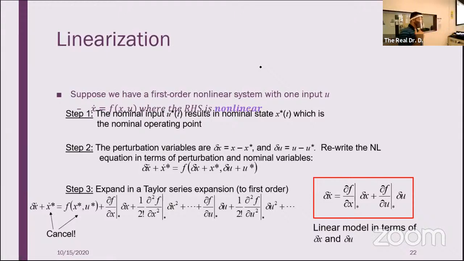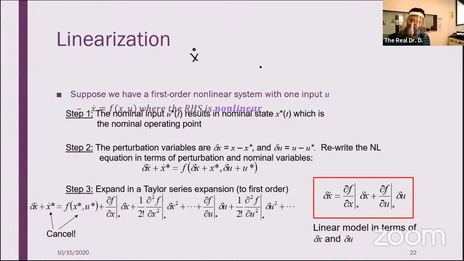Step two, the perturbation variables are delta x equal to x minus x star, and delta u equal to u minus u star. And then we're going to rewrite the nonlinear equation in terms of my nominal and perturbation variables. I want you to take a look at this.